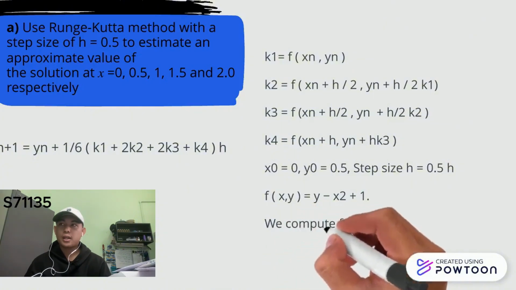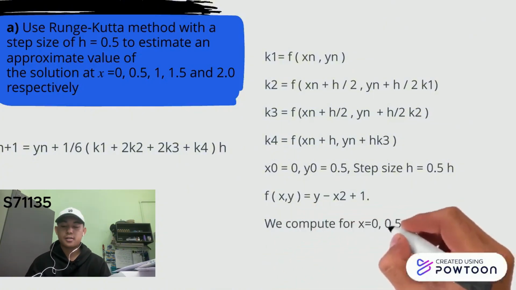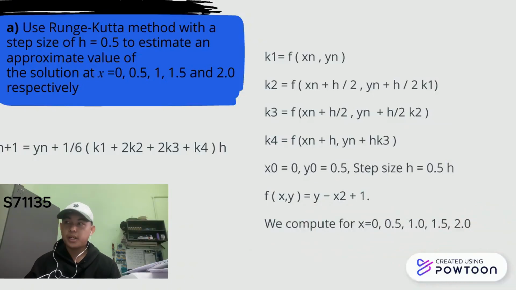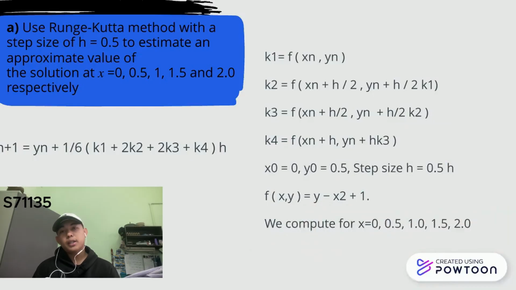This evaluates f in brackets x, y at the midpoint. k3 equals f in brackets x n plus h over 2 and y n plus h over 2 k2. For the last one, k4 equals f in brackets x n plus h and y n plus h k3. This evaluates f in brackets x, y at the end point.